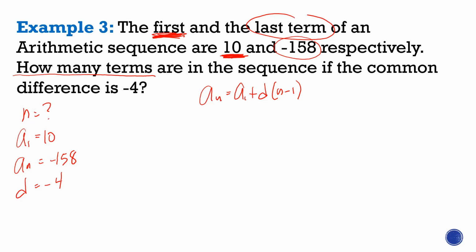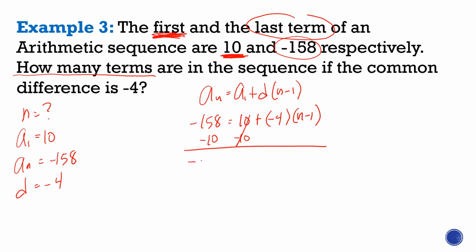So again, after finding out those numbers, all we need to do is to substitute them in the formula. Our an is negative 158. Our a1 is 10. We have d, which is negative 4. And we don't know n, right? Next, we can do this simultaneously, like first subtract 10 on both sides.